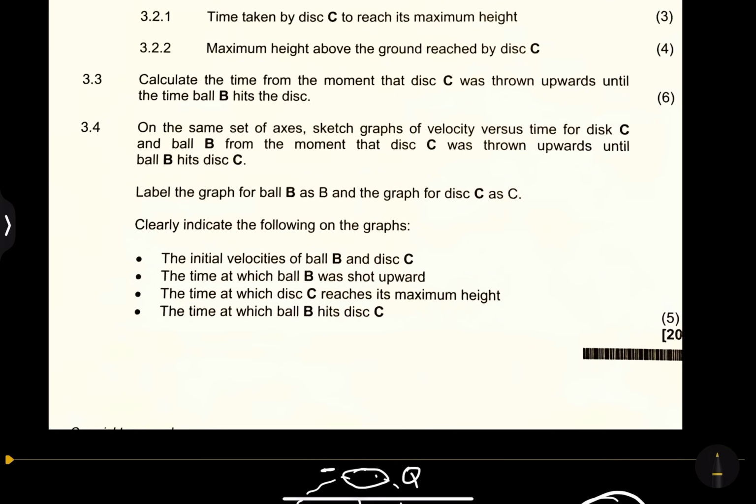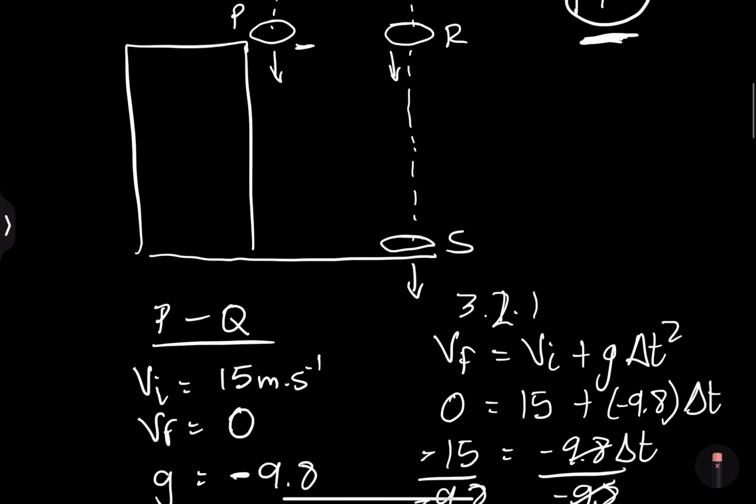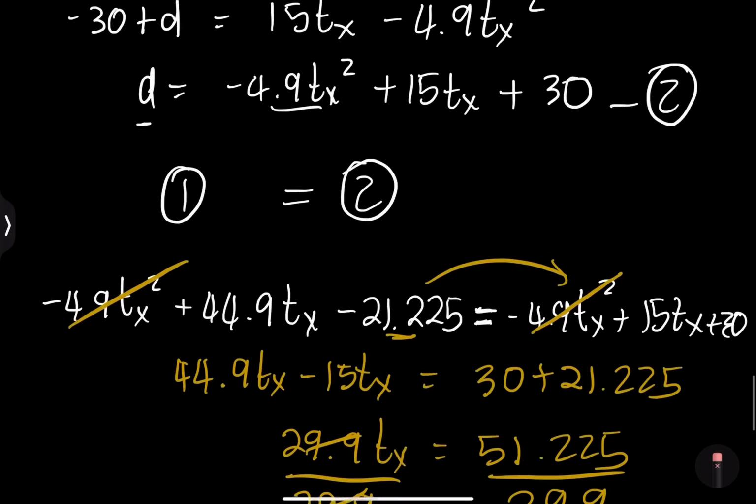Just verify that answer. And then finally, they say to us, on the same set of axes, sketch graphs of velocity versus time for disk C and ball B from the moment that disk C was thrown upwards until ball B hits disk C. They say label the graphs for ball B as B and for disk C as C. All right, so let's do that quickly.